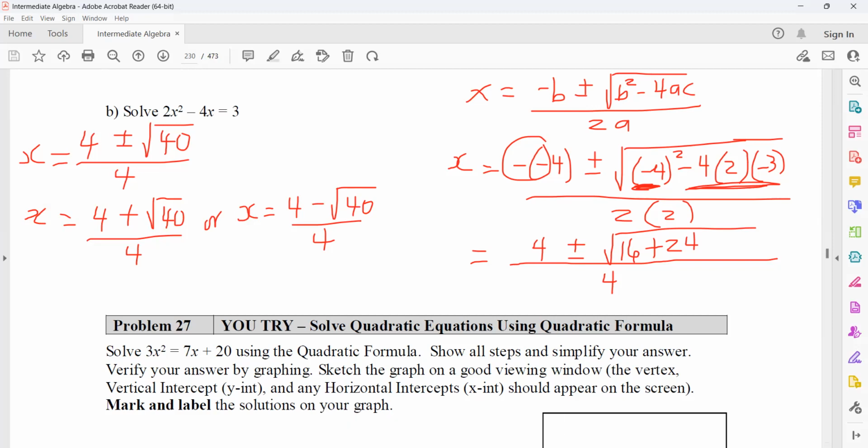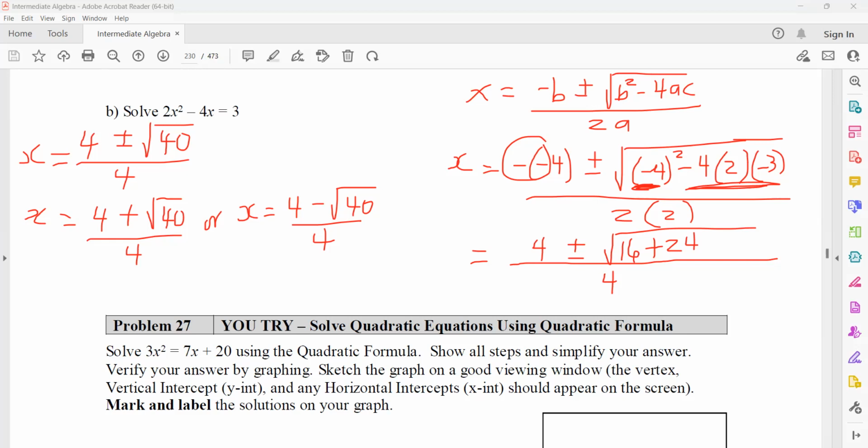And in the end, I want to check to make sure that I give you the answers to that. So we have square root of 40.